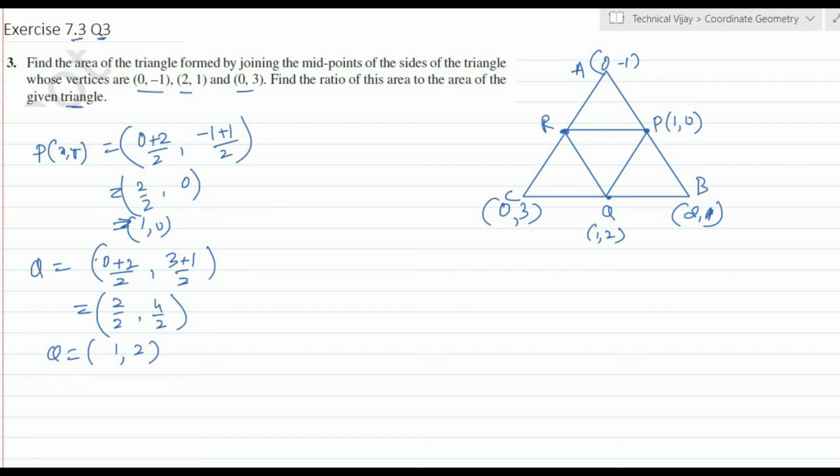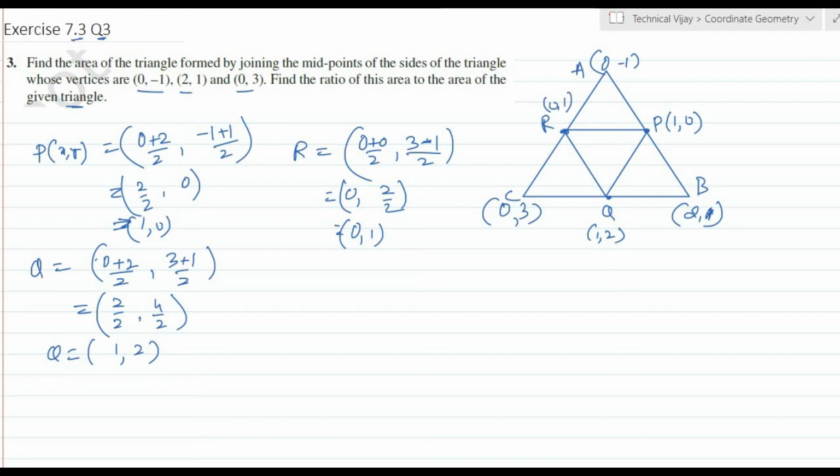And R coordinates is equal to 0 plus 0 by 2, and 3 plus of minus 1, means 3 minus 1, divided by 2. So here 0 comma 2 by 2, which is equal to 0 comma 1. So R will be 0 comma 1.